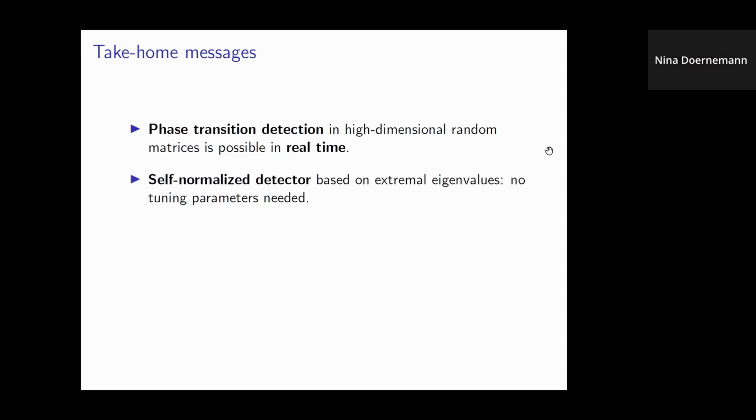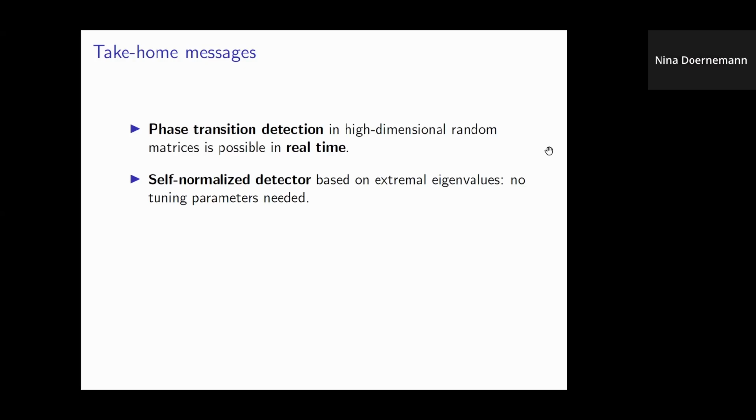And the cool thing here, I think, about our work is that we use this type of self-normalized detector, which is based on the extremal eigenvalues. For the methodology, it's very nice because you don't need any tuning parameters. And also it facilitates the theory.